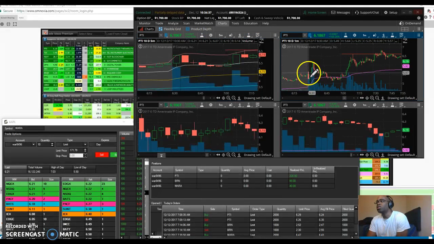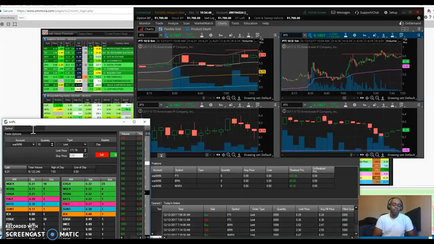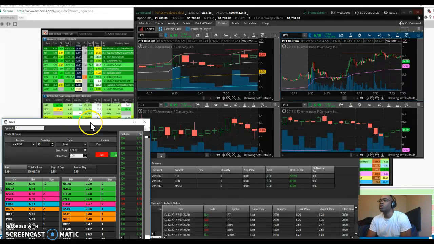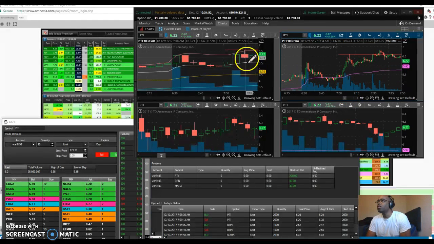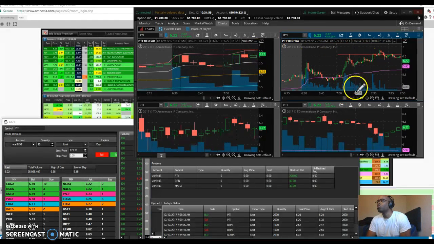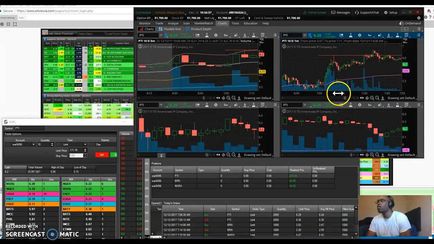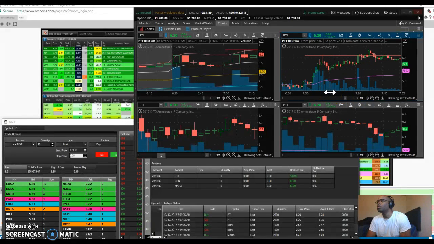What I saw here was this PTI hit the scanners over here on the left. I pulled up the chart, pulled it up in my level 2. I'm usually pretty quick, and a lot of times this red line I'll draw at the high of day, just depending on the strategy.